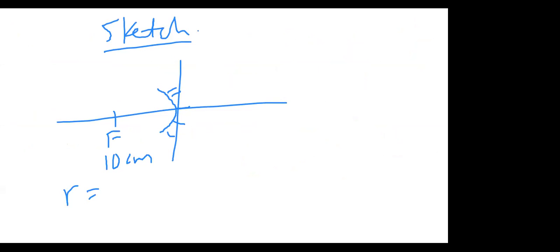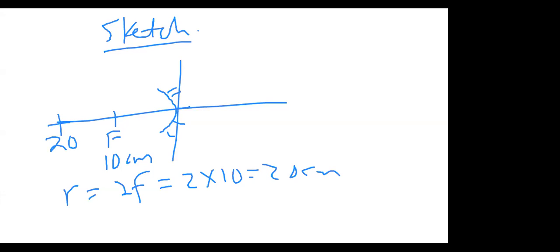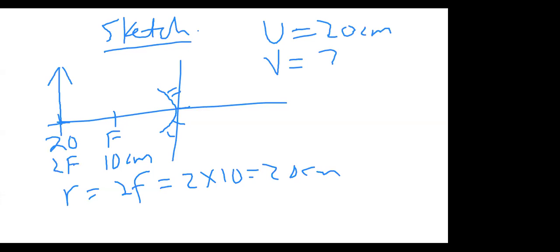Remember your R is equal to 2F, which is equal to 2 times 10, which gives us 20 centimeters. So 20 centimeters to C, and 10 centimeters to F. And then our object is at 20 centimeters. Our u is equal to 20 centimeters. They want us to get the image distance, the image position. So this is 2 centimeters high. That is our simple sketch.